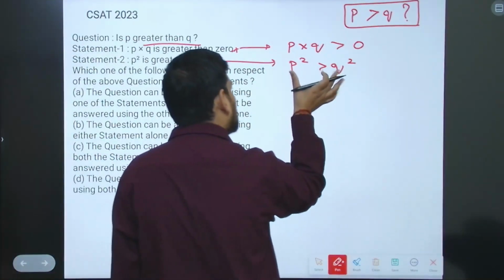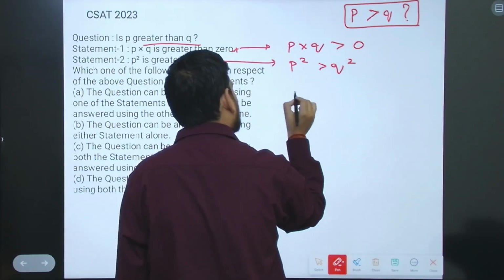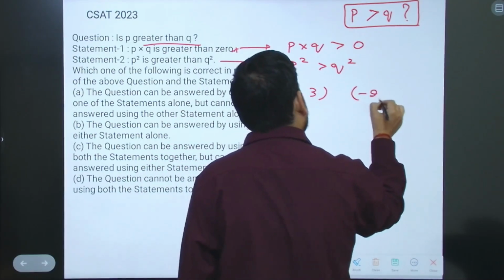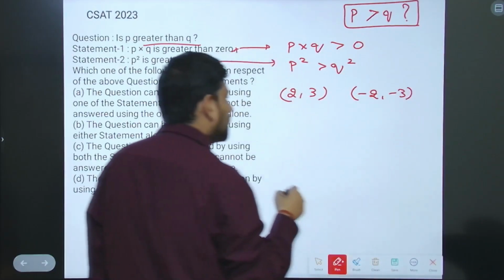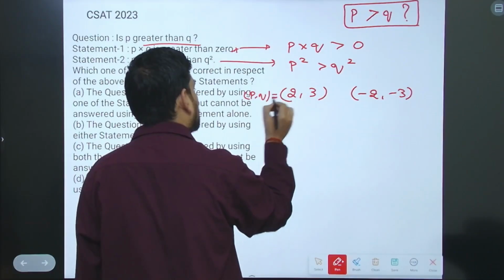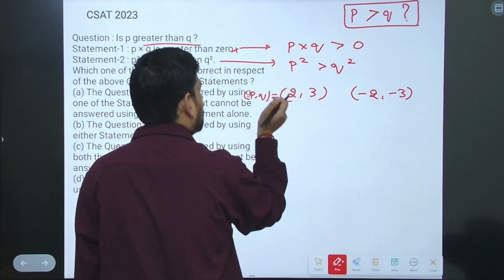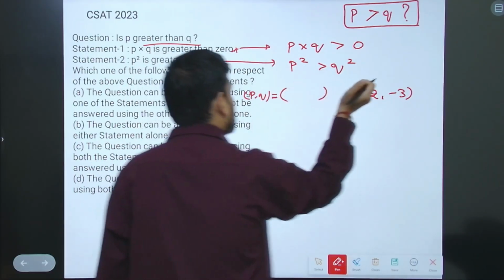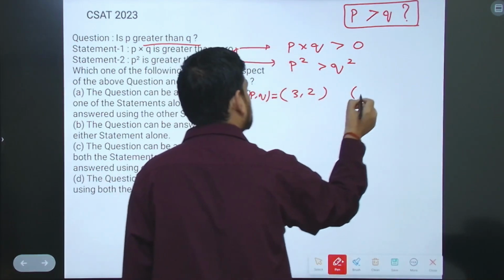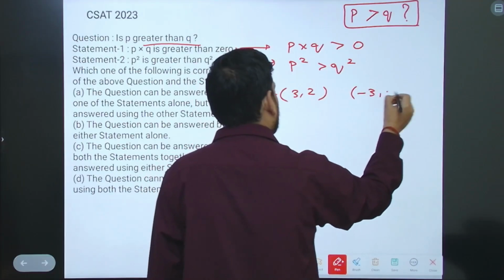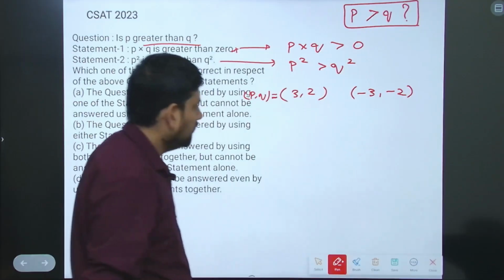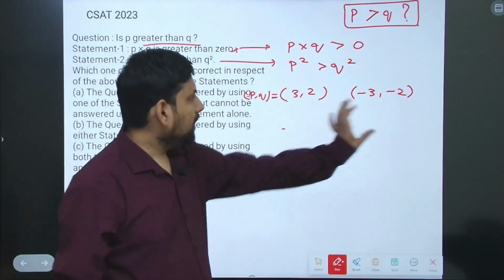So for this I can write, for example, let's take pairs 2, 3 and -2, -3. These are, let's say, the pairs for PQ. Let's take opposite. See, now these are the pairs for PQ.